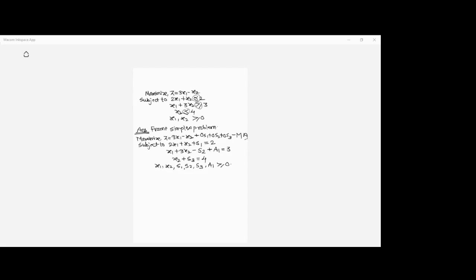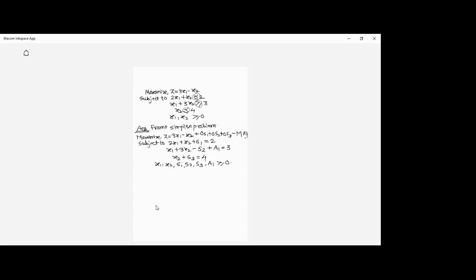So let's move ahead and frame out the initial simplex table. We have 1, 2, 3, 4, 5, and 6.